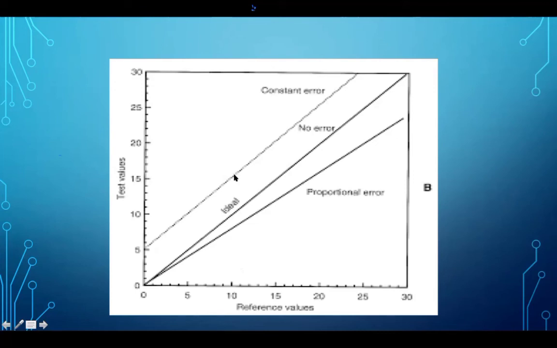This is called systematic constant error. If this difference is changing with increasing concentration, suppose this difference is increasing with increasing concentration on the lower side, this is called proportional error and it is affecting all results. This is called systematic proportional error.